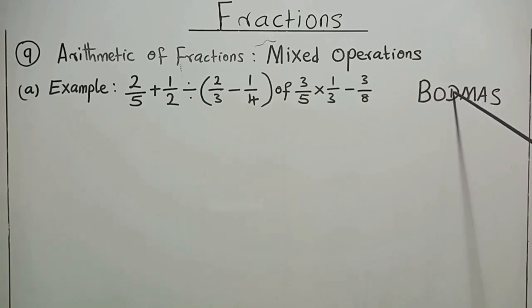D stands for division. If that operation contains division, it is what comes after of. M is for multiplication. If that operation contains multiplication, it should be done after division. Next is A, that is addition. It tells us that if there is need to carry out addition, it should be done after we have done all of this, if they exist.